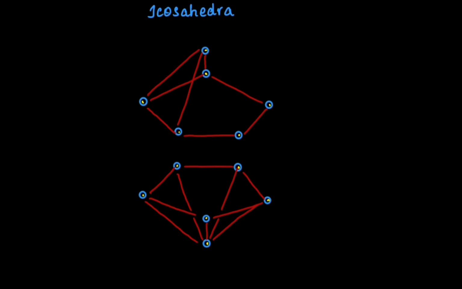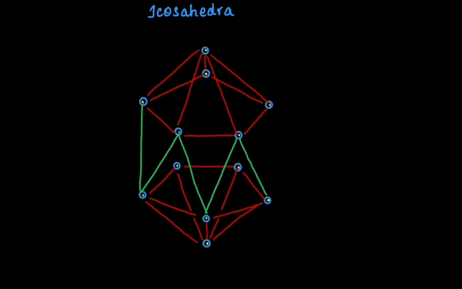Well, the top vertex joined to the top pentagon would also provide 5 triangular faces. Later join the two pentagons. These are away, therefore I am drawing it as broken lines.